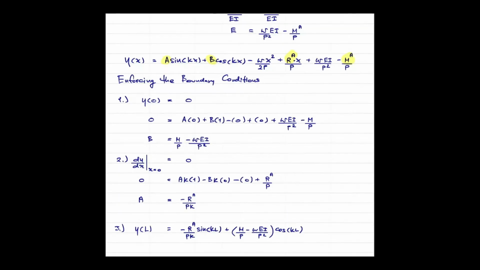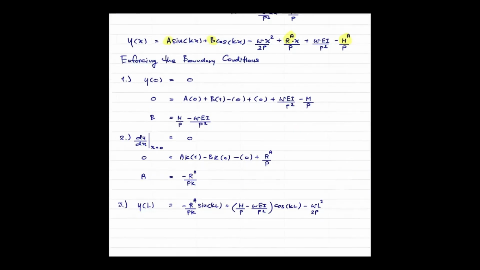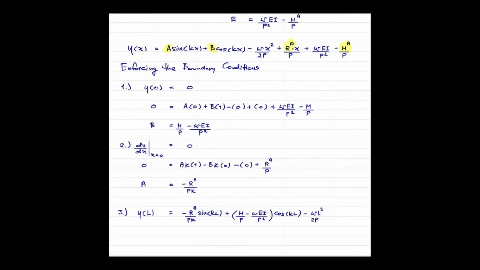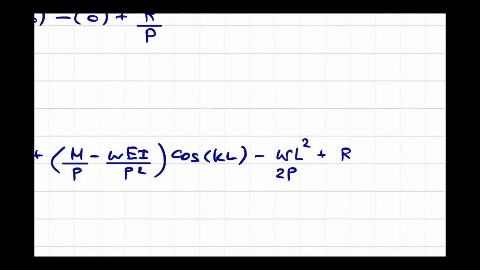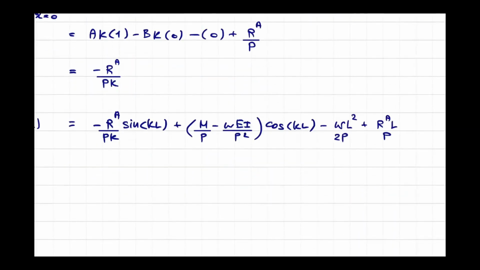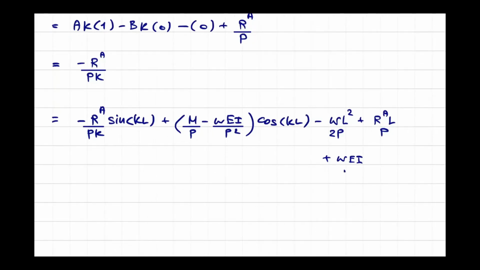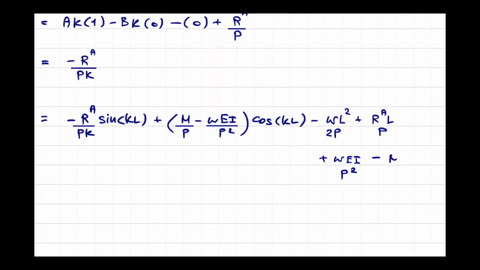And then what? WL square over 2P minus WL square over 2P, and plus RA L over P, RA L over P, plus WEI over P square, and minus M over P, MA over P.